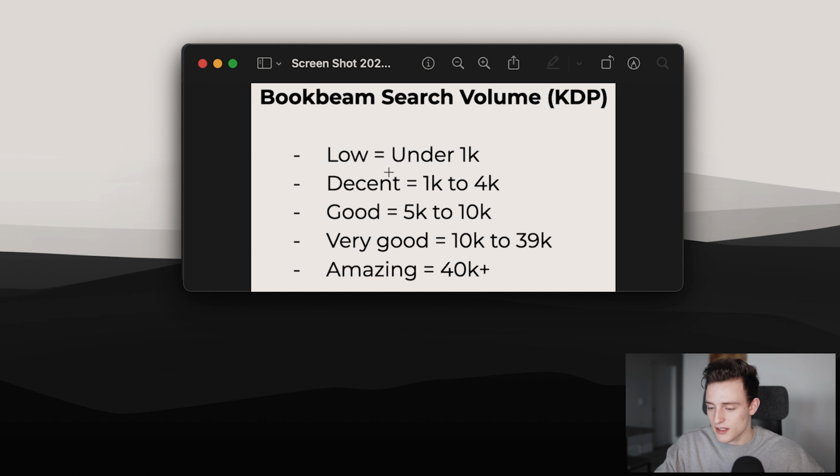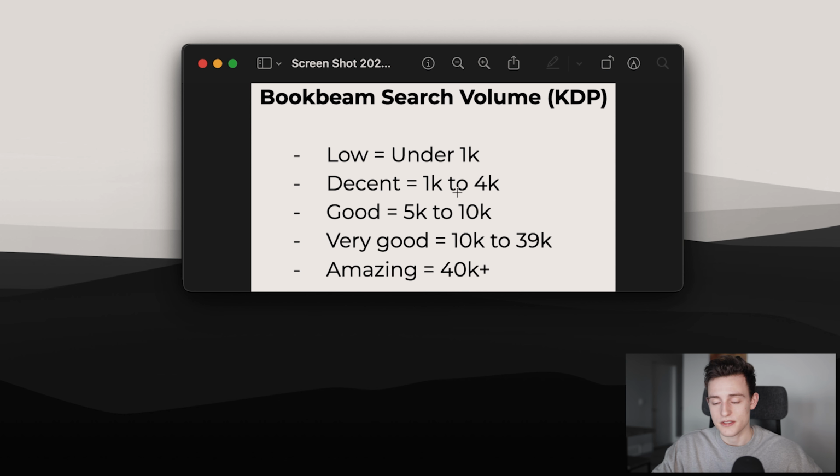So on KDP, low search volume would be under 1,000 searches per month, right? And you can see the one we just looked at was 217. So clearly that is quite low and probably not something you want to look into. Decent would be 1,000 to 4,000 searches per month. So that's getting a little bit better there. There's definitely some demand. And that's a keyword that I would say if it has a low BSR around the 150 to 200,000 range or lower, definitely go for that one if it has good competition and average review numbers.